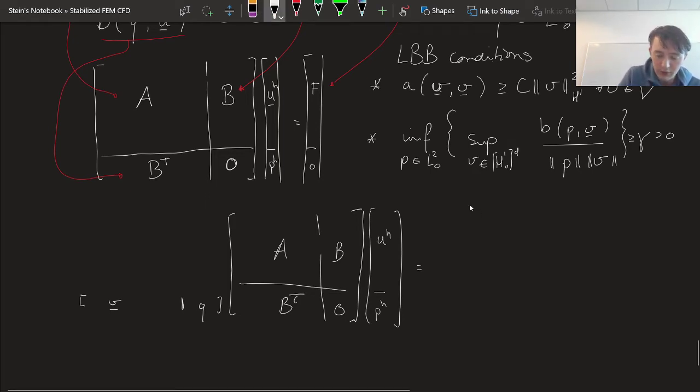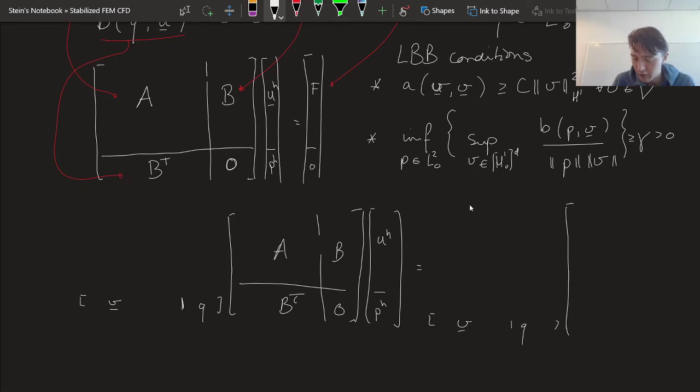Again, the transpose of our test functions multiplied by the right-hand side force vector.